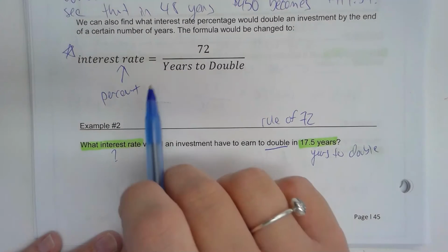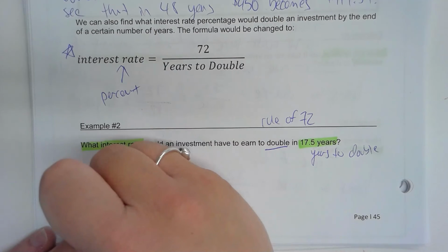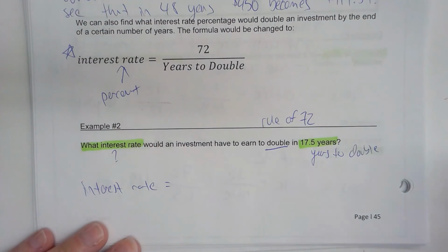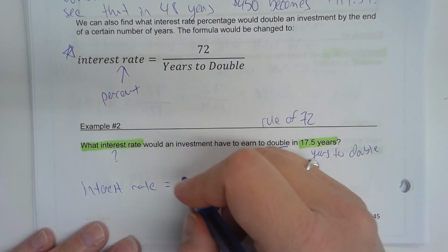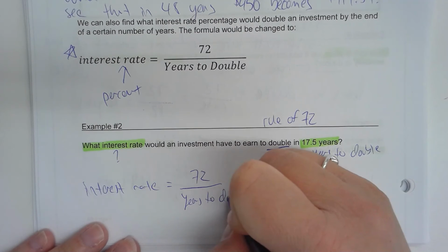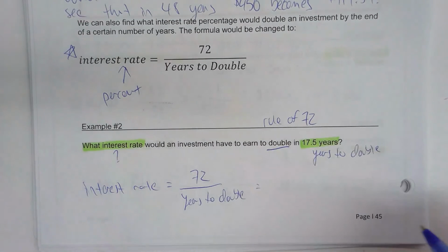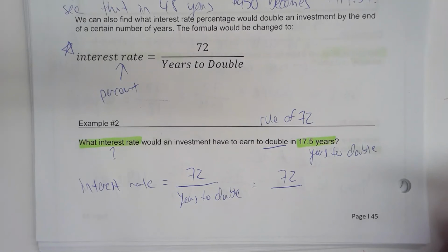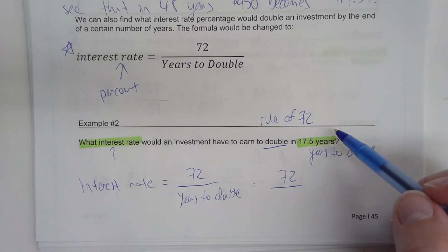Okay, so I'm going to use this formula right here. Interest rate equals, I'm writing the whole thing down here, 72 divided by years to double. So we're always going 72 divided by something. And in this case, we're actually going to divide by the number of years this time.